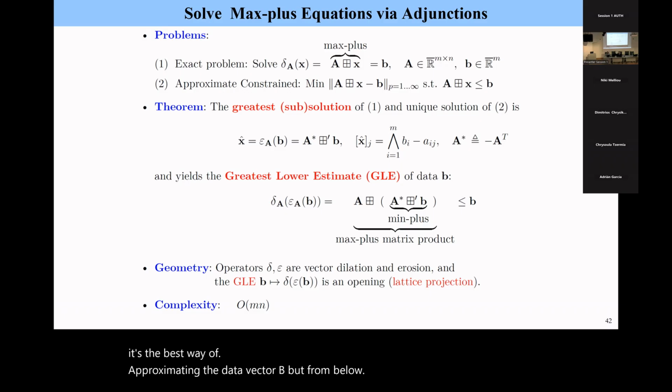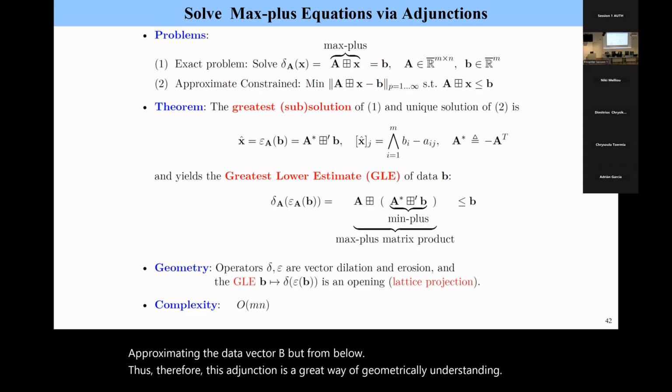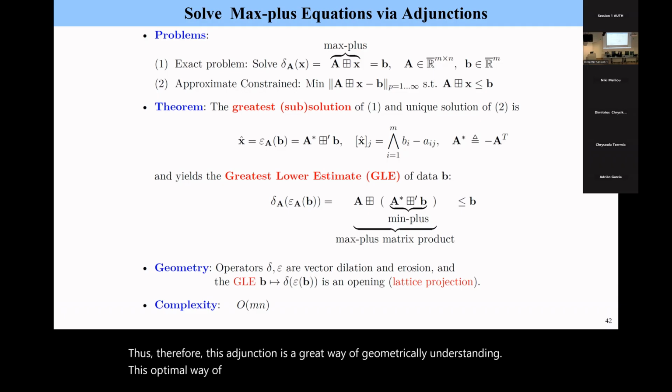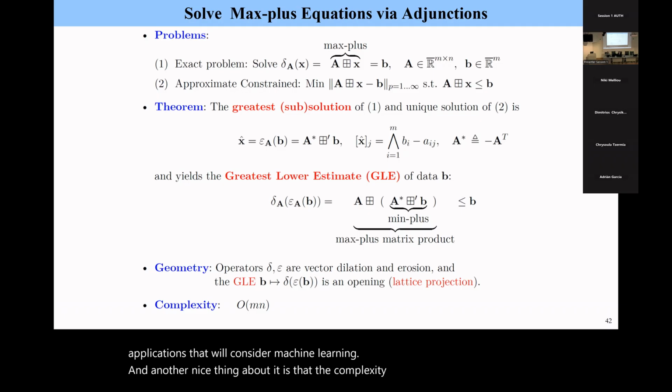Therefore, this adjunction is a great way of geometrically understanding this optimal way of solving nonlinear equations that will appear very often in the applications that we'll consider in machine learning. And another nice thing about it is that the complexity of this solution is small.